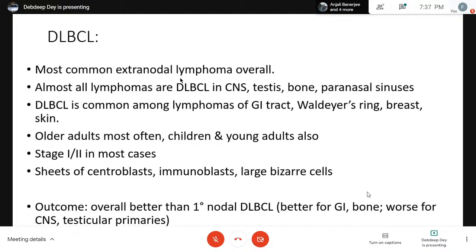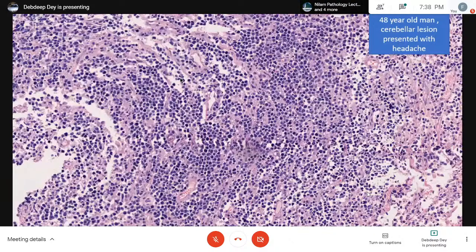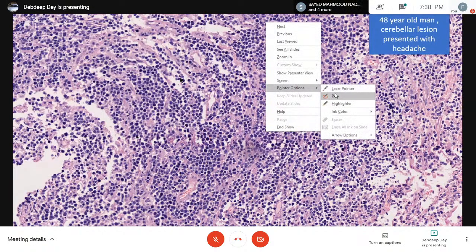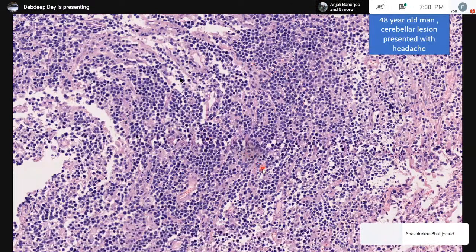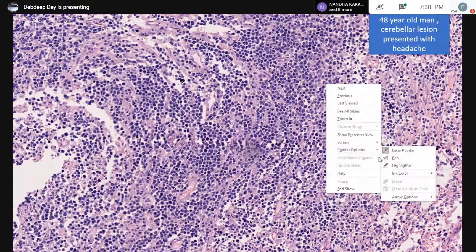So I'll just show you a case. This is a case of a 48-year-old man who presented with a headache and a cerebral lesion. As you can see, sheets of lymphoid cells, and at high power, these cells have lymphoblast-like morphology with very scanty cytoplasm, as well as a high N:C ratio and a lot of mitotic figures.